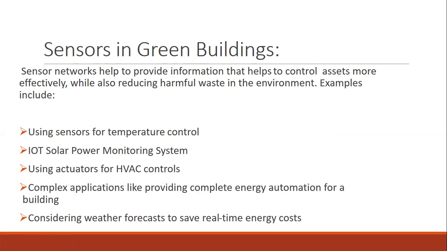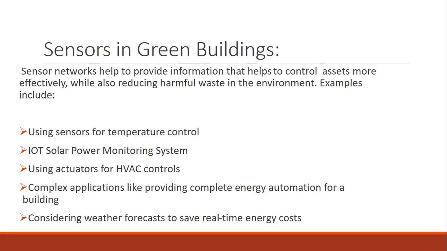Now, what are the different sensors which can be used? This is the first question. And the next question is, what can be done inside the green building using sensor networks? We can control temperature inside the building using sensors.